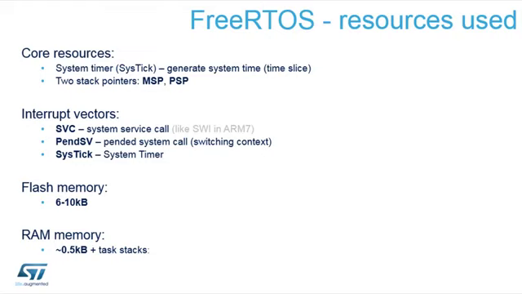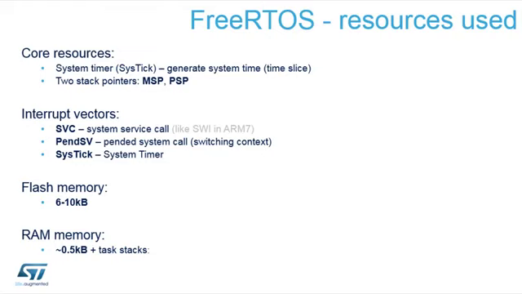The flash memory it needs for the kernel depends on how many features you want to implement. You can strip all of them away, so you can remove mutexes, counting semaphores, timers. You can decide which memory management you will use, and this all will add to the complexity and size of the kernel.